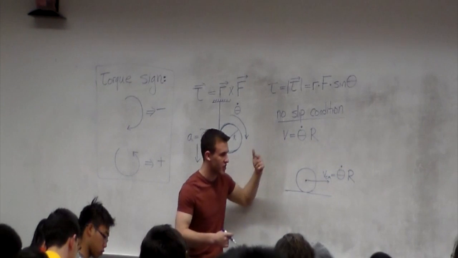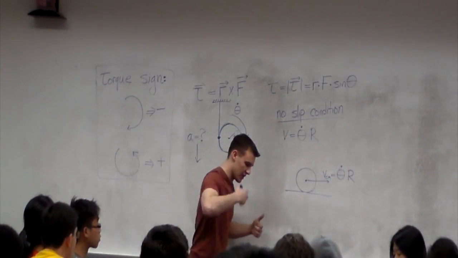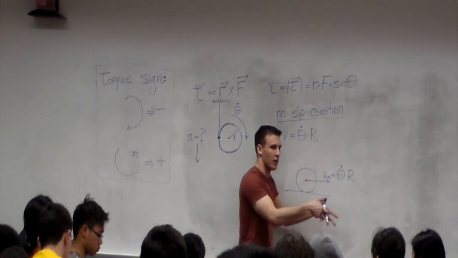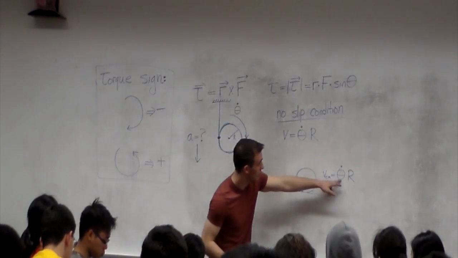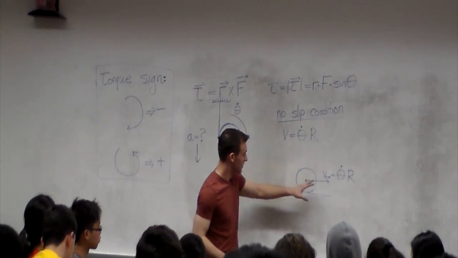Imagine that it was a car skidding out. Right? So it was slipping, but in the other way. So it was rotating really, really fast, but not actually moving all that quickly in terms of translation. In that case, this would be really big, but this one wouldn't be. And so what you'd have is the other way around.